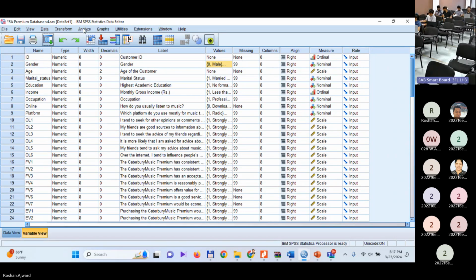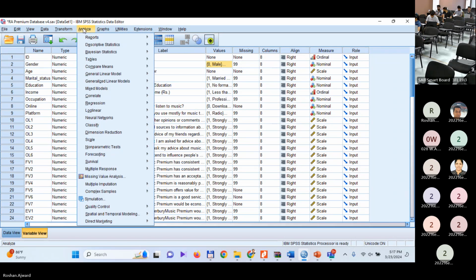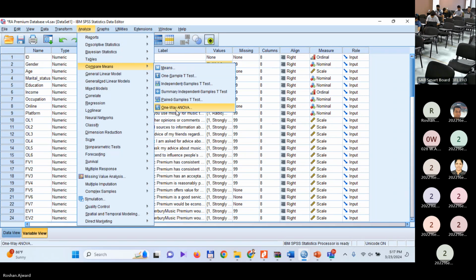Then go to Analyze, Compare Means, then One-Way. Write down the step: Analyze, Compare Means, One-Way ANOVA.